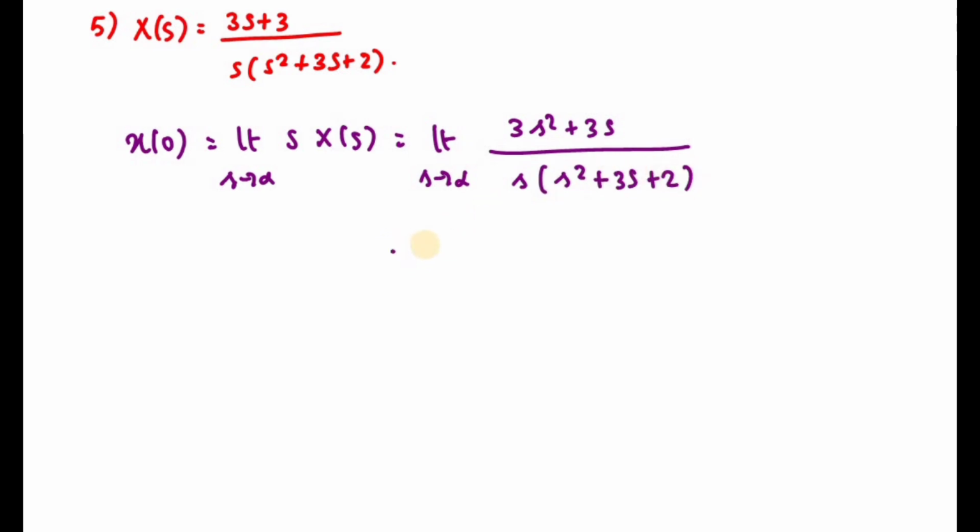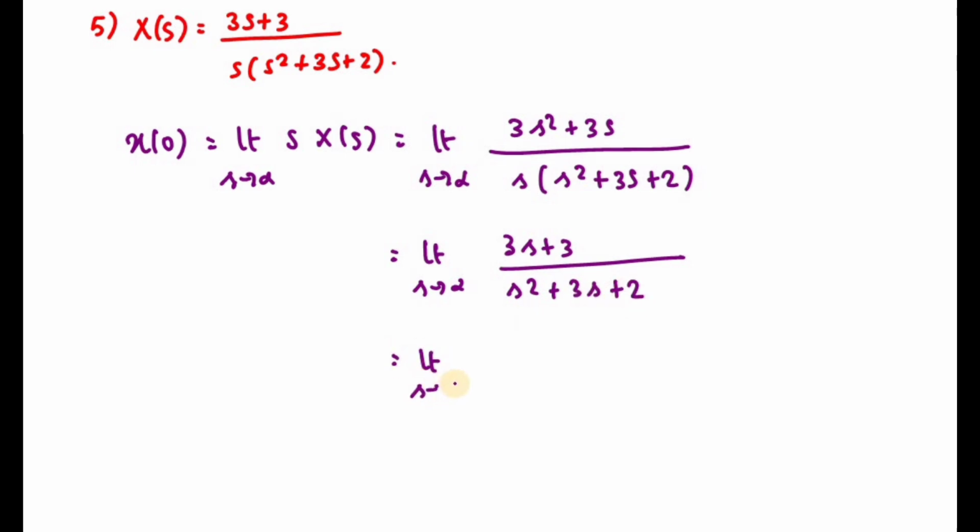So on solving, I get limit s tends to infinity (3s plus 3) divided by (s squared plus 3s plus 2). In this limit s tends to infinity, I am going to take s squared common. So I'll get 1 plus 3 by s plus 2 divided by s squared.